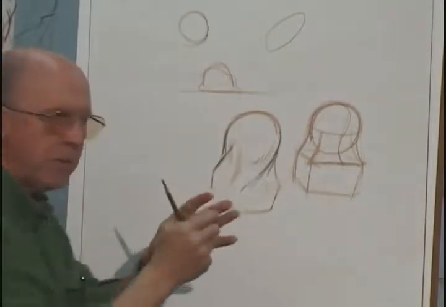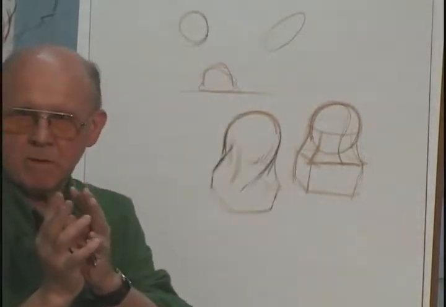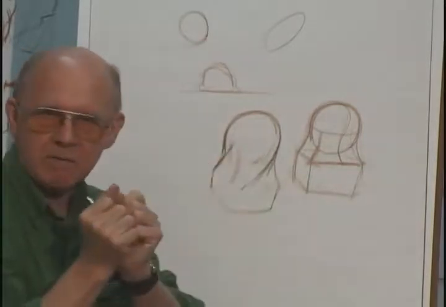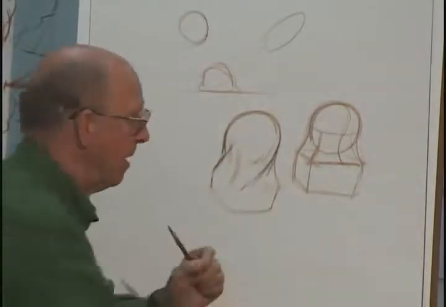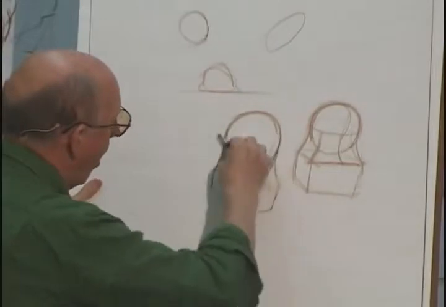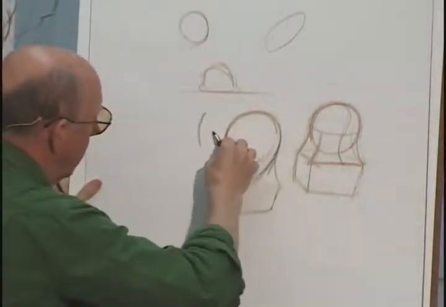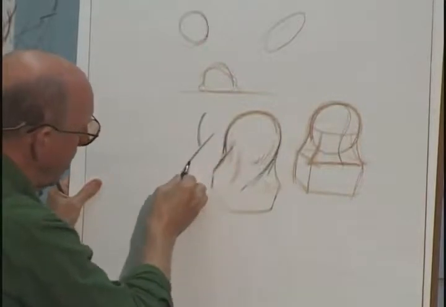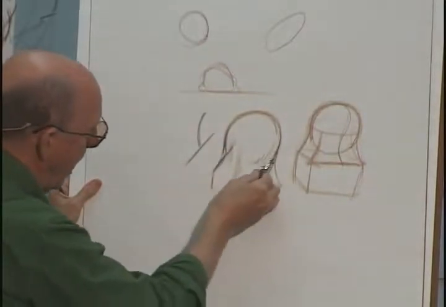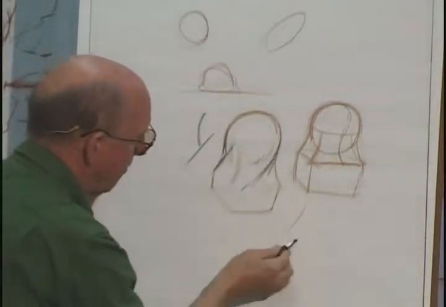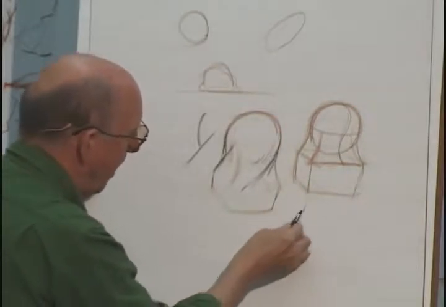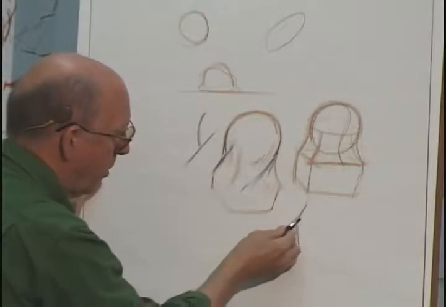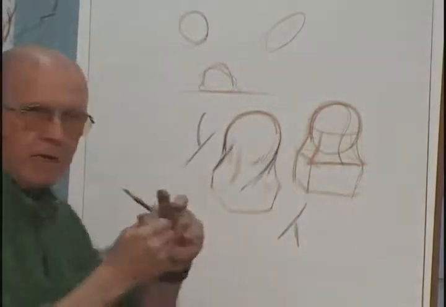The actual mechanics here, drawing-wise, are really a question of overlapping lines. How this line goes behind that line. In here, this is coming in front and that's going behind. If I don't get the correct overlapping, it won't work.